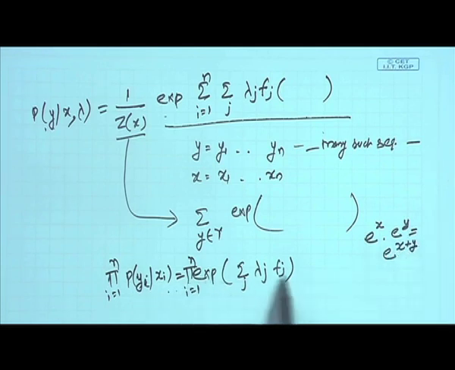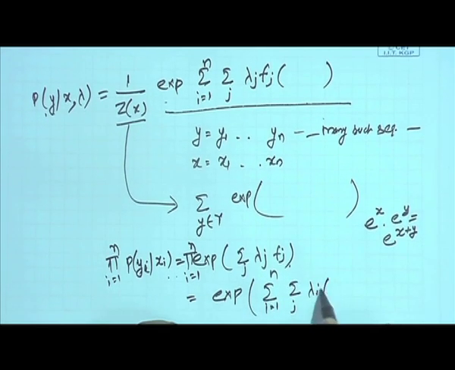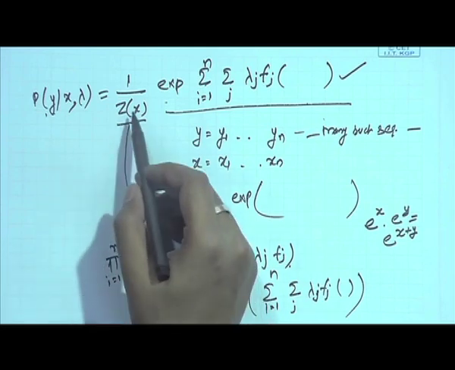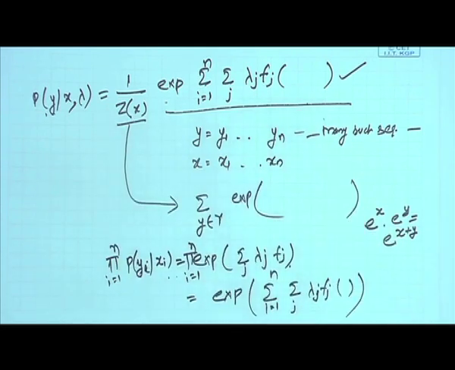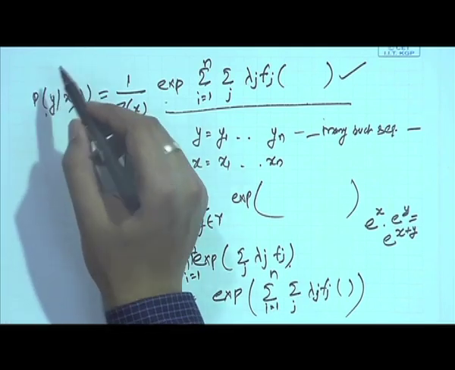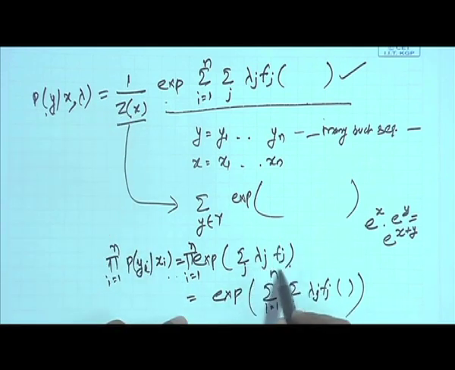So, multiplication of all the exponents is nothing but the summation of what is inside, exponent summation i is equal to 1 to n, summation j lambda j fj. Okay. And that is the function here, and ZX is normalization over all such sequences.